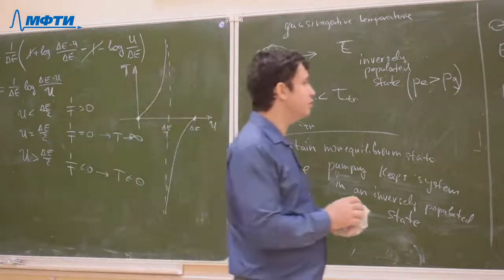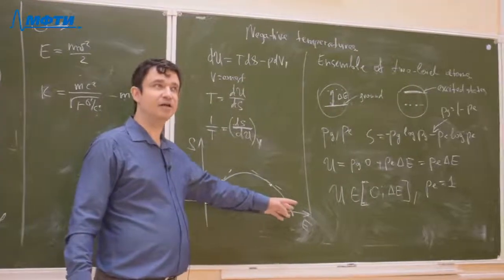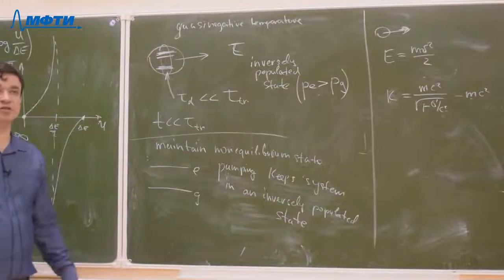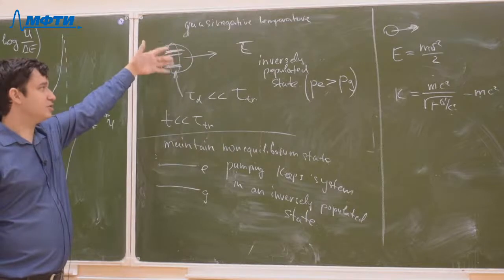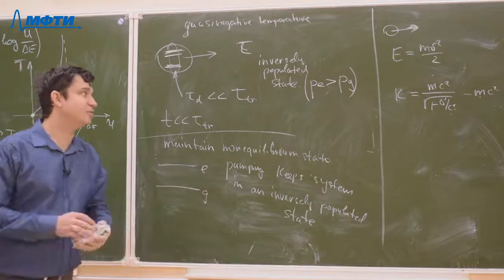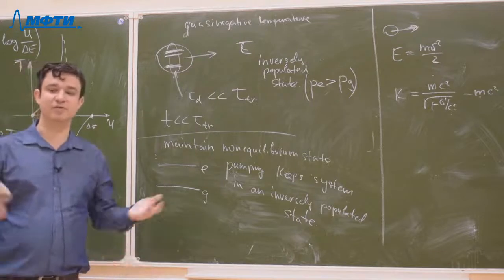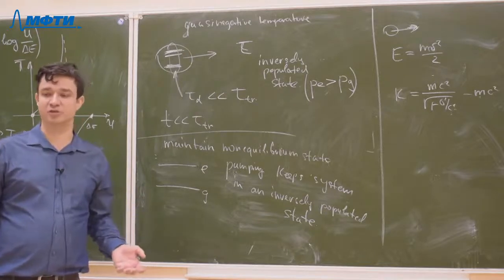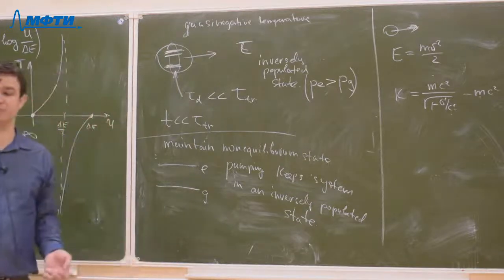But also, for systems with a finite energy spectrum, we can attain negative values of temperature, and moreover, we can even realize these negative temperature states for a certain amount of time in a system which is allowed to evolve freely, or we can maintain a non-equilibrium state with inversely populated energy levels. So that means the system has negative temperature by supplying energy from an external source. So when you are able to maintain a non-equilibrium state, then you can keep negative temperature for a certain amount of time.